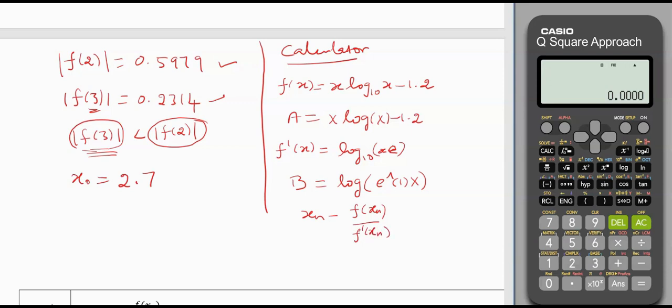We'll type it in the calculator as x minus A divided by B. So we are typing this.